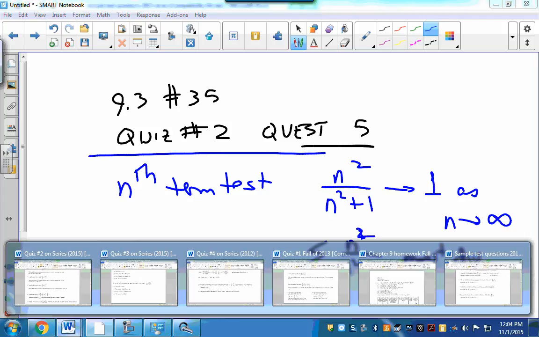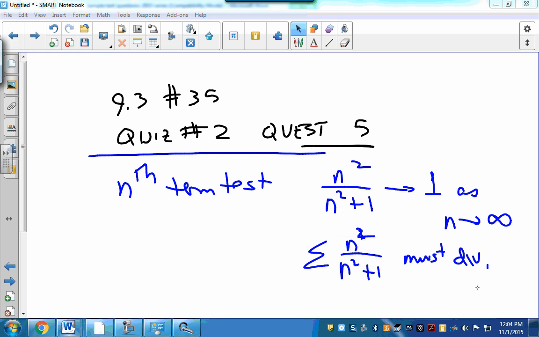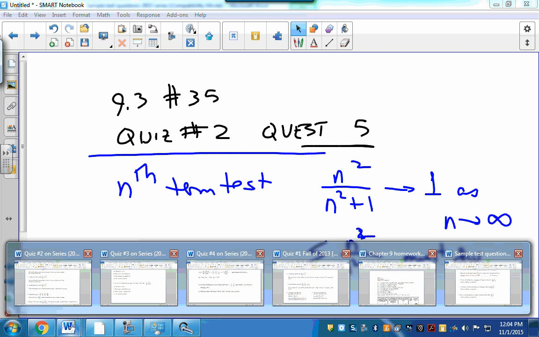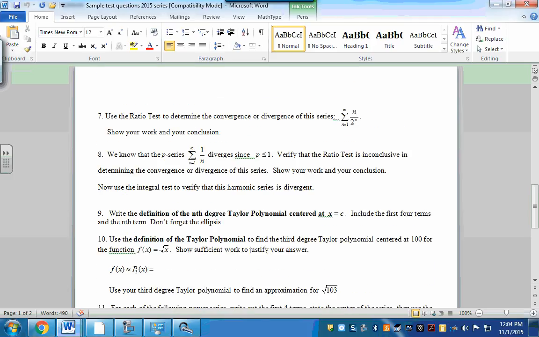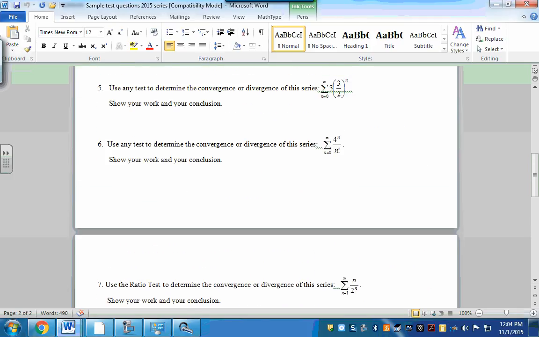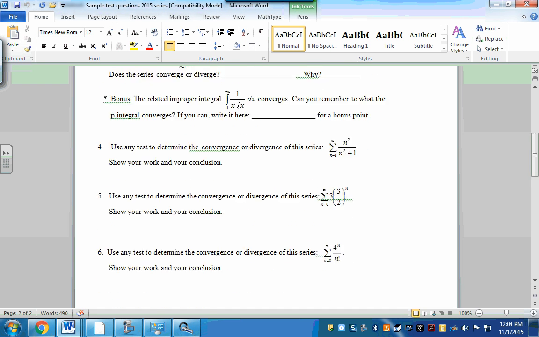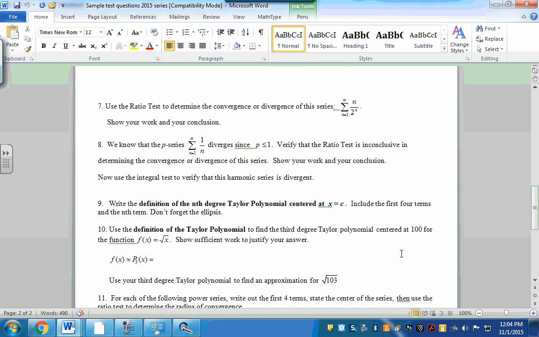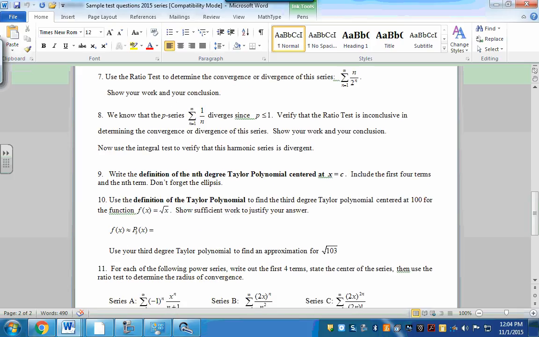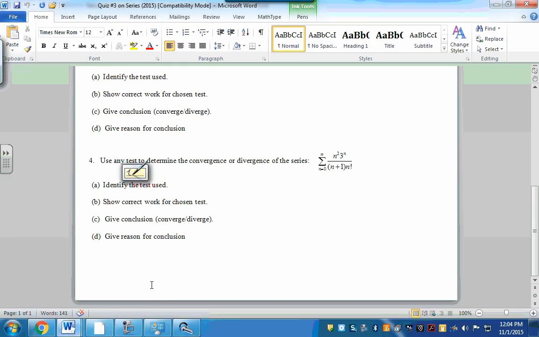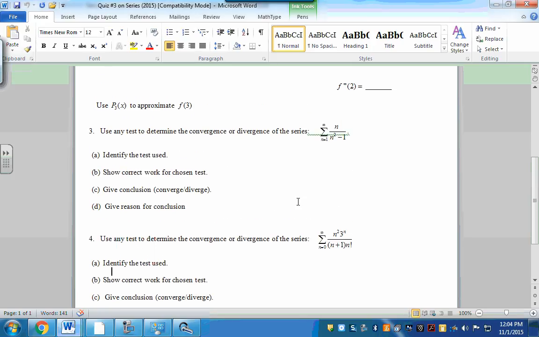You should also be aware that the nth term test will not work in some cases. Here's number 8, this P series 1 over n. Take a look at quiz number 3, question 3, where it has n over n squared minus 1.